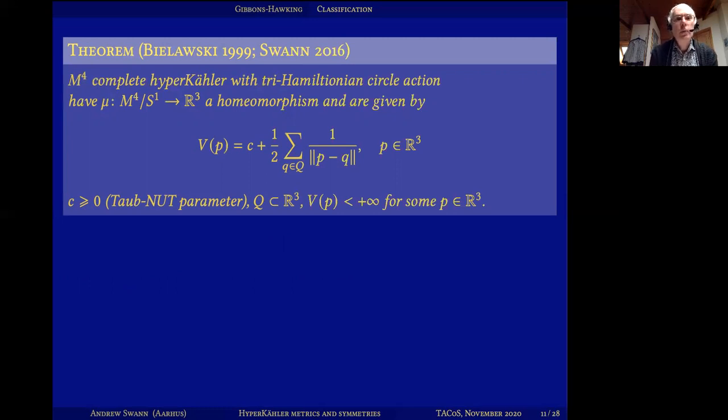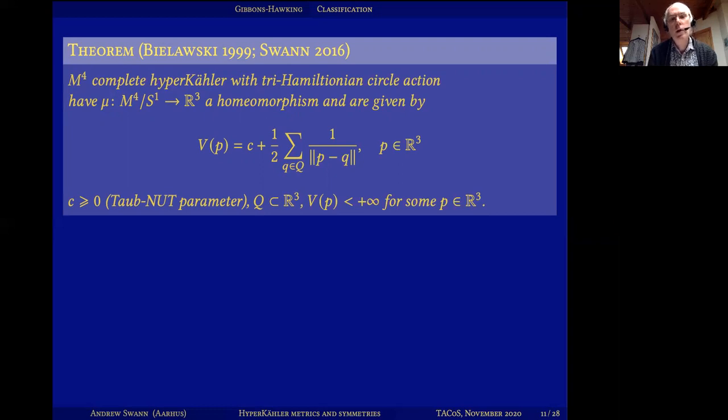So the statement is, if we assume completeness for this 4-dimensional hyperkähler metric, and we assume the action is a circle action, then the moment map induces a map on the leaf space to R3, and it turns out this map is actually a homeomorphism. So it's actually a diffeomorphism away from fixed points of the circle action. And you can write down the function V that specifies the metrics.